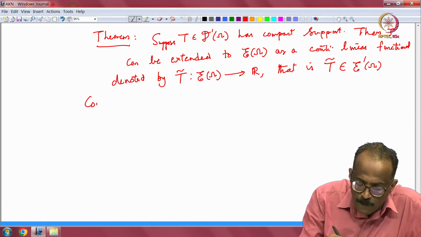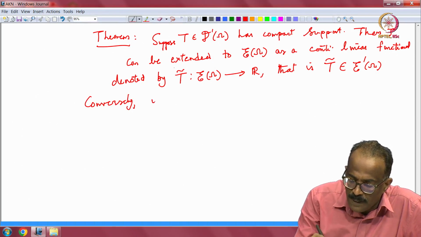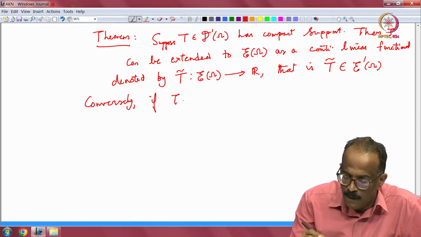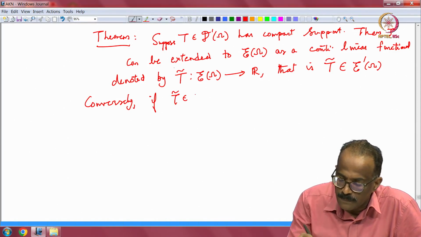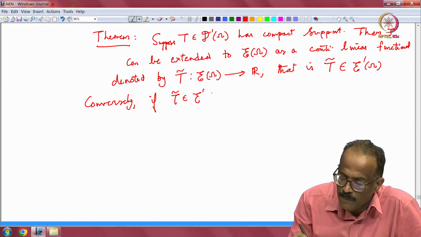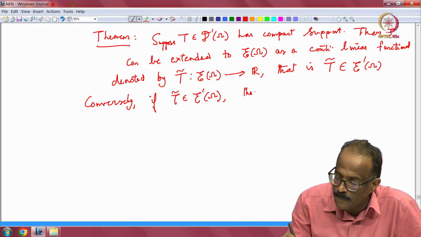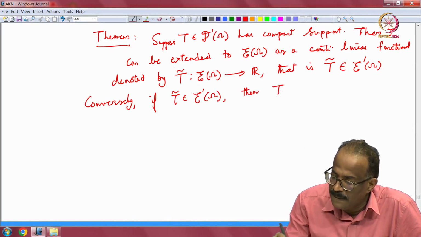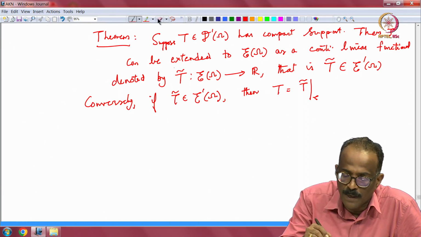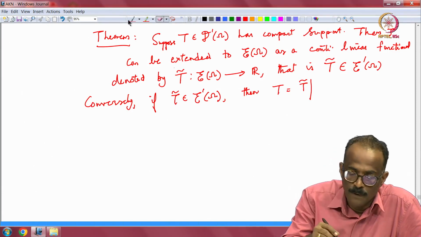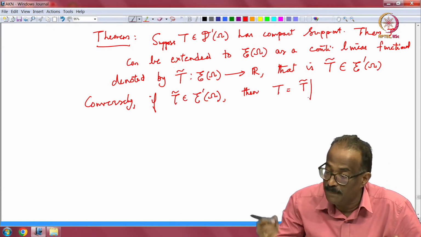Conversely, if T tilde is in E prime of omega, then you can restrict T tilde from E omega to D omega, because it is defined in a bigger space.